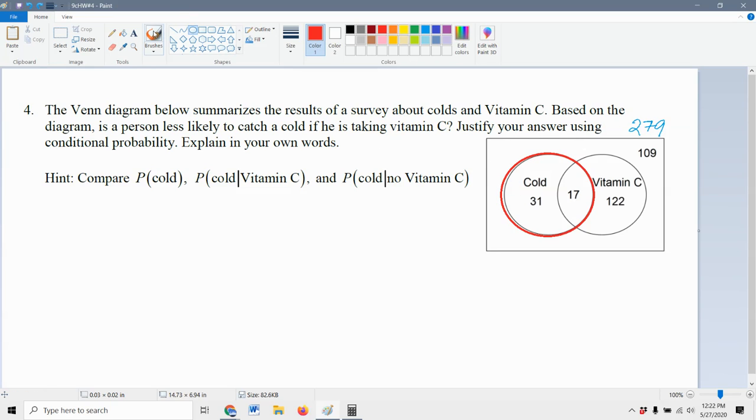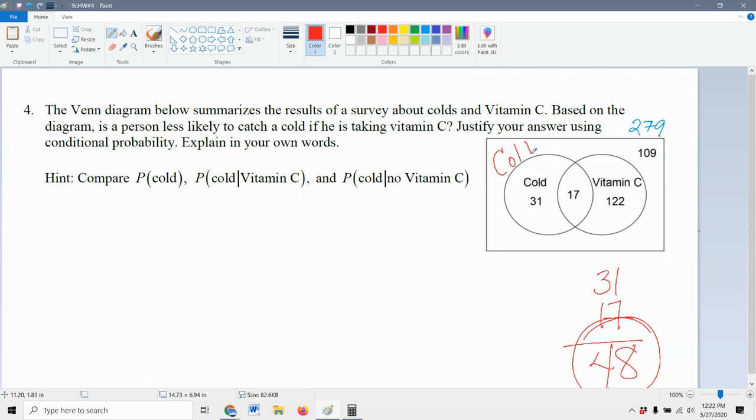Well, just like we did where we added everything up to get our sample space number, that's what we want to do here. So we want to add up 31 and 17, and that'll give us 48 people. So for the people that have a cold, we have 48 of them, 48 people that have a cold.